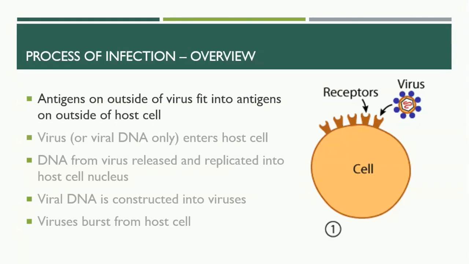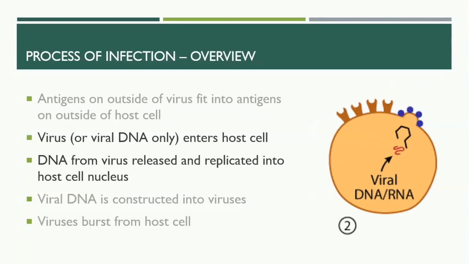Now that you've seen the entire process, let's go over the steps. First, antigens, the video called them keys, located on the outside of the virus, fit the receptors of the host cell. Once in the cell, the virus releases its DNA and enters the nucleus. In the nucleus, the viral DNA is replicated many times.